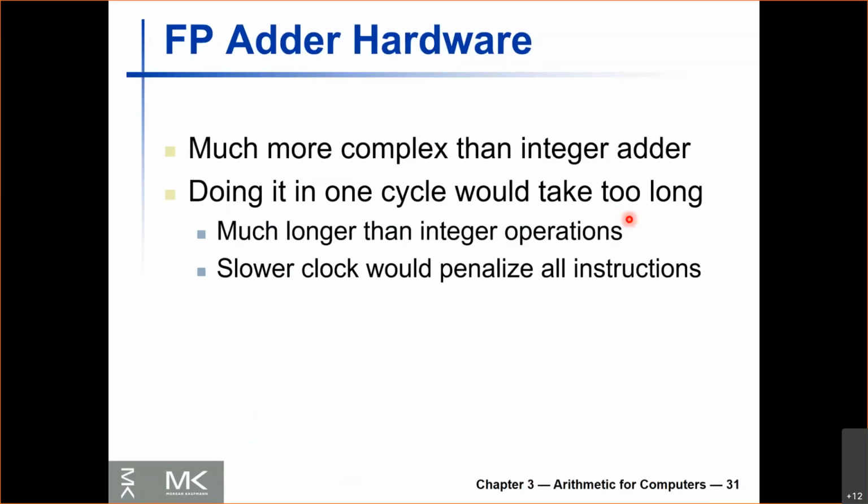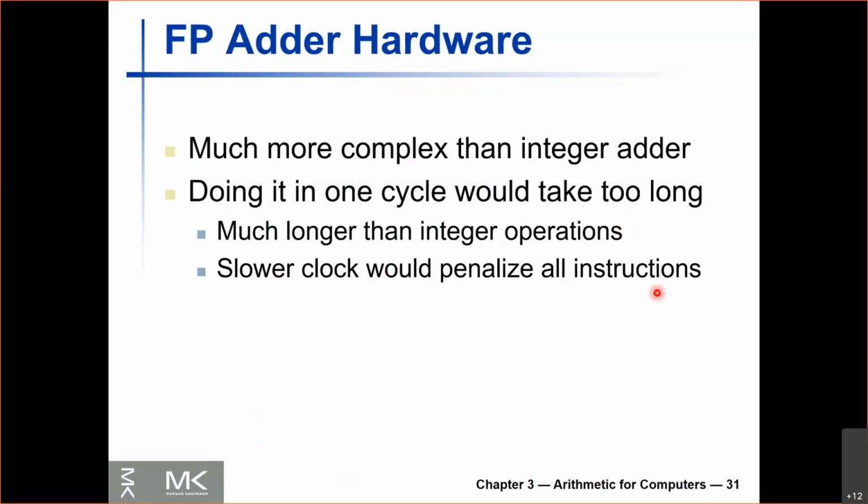Now, what we could do is increase the duration of the cycle so that we can fit all these operations in one cycle. But the disadvantage is that if we increase the duration of the cycle, it's going to increase the cycle for all the other instructions. If all the other instructions need much less time, increasing the duration of the cycle will make them take more time unnecessarily. That's why we don't want to slow down the clock, because we don't want to penalize other instructions.